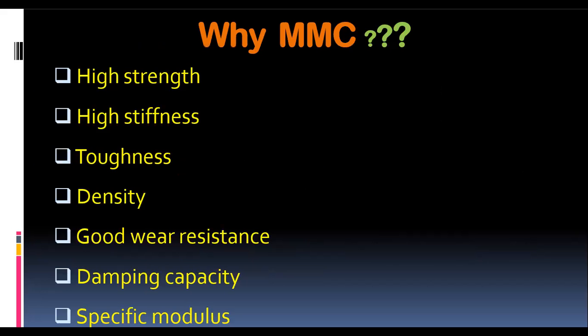So why are we using the metal matrix composite? We are using these metal matrix composites because of the higher strength involved in it and high stiffness. It also has the following properties derived in it.